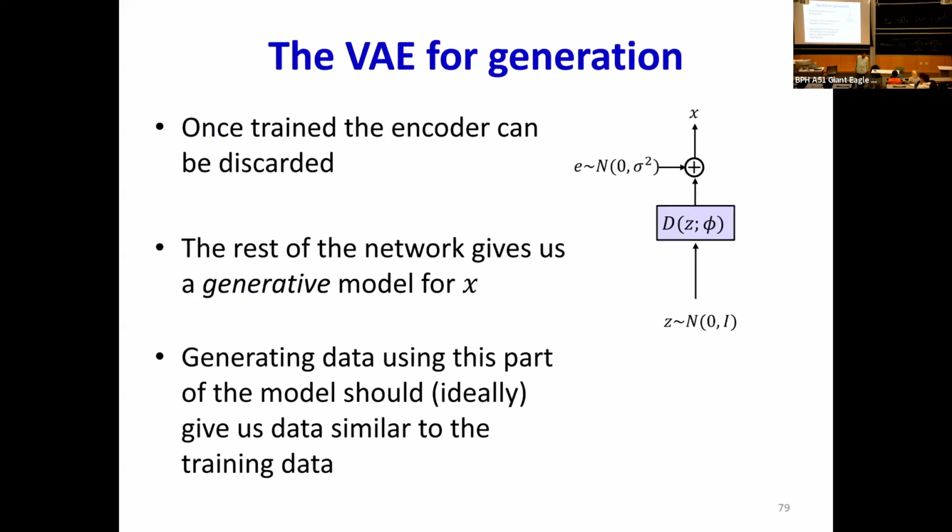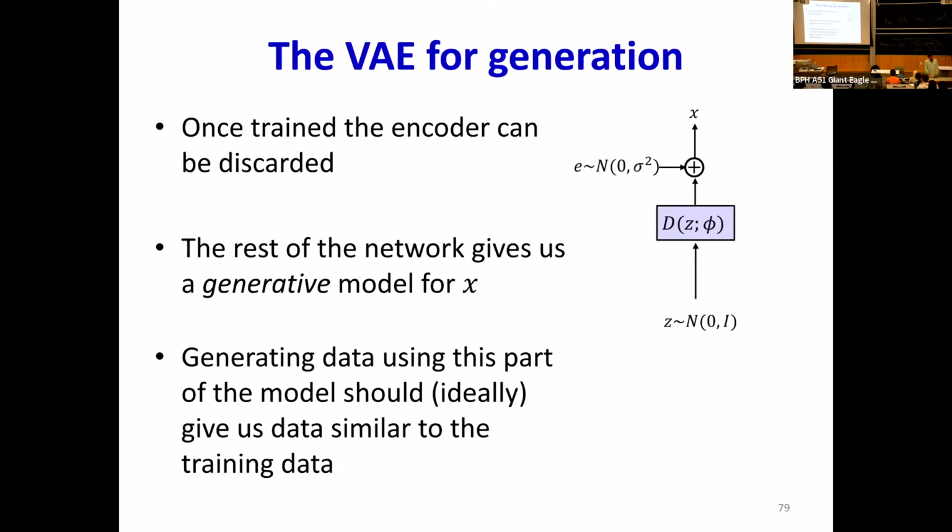And now once you train it, what was the point of this whole exercise? The point, in case you have forgotten, was that we wanted to come up with a model that learns to characterize the distribution of the data that you're interested in, of the particular class, like faces, so that you could sample from it, right? The way we did it was that we chose the dimensionality of the manifold that we thought the data lay on, and we defined our latent variable, z, as a standard Gaussian on this manifold.